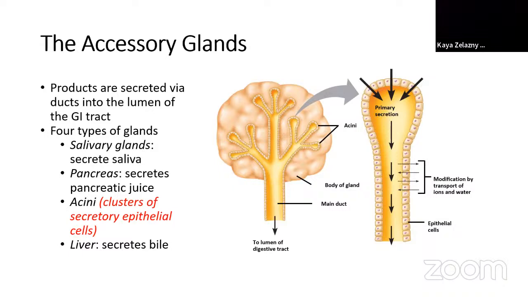So there are 4 sort of types of glands. I wouldn't memorize that number, I guess is what I'm saying. But we're going to start out in our mouth and in our face with salivary glands that are secreting saliva, the spit. We're going to have the pancreas. So the pancreas sitting behind your stomach is secreting pancreatic juice.